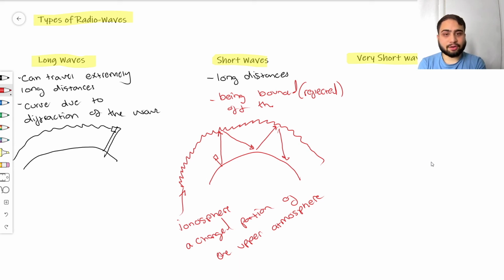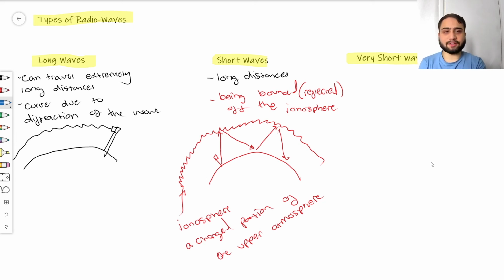Being reflected off the ionosphere. Short waves can also be used for Bluetooth connections between phones. I know here I have them being bounced off the ionosphere and you're thinking long distances, but short waves can also be used for quite short distances too.